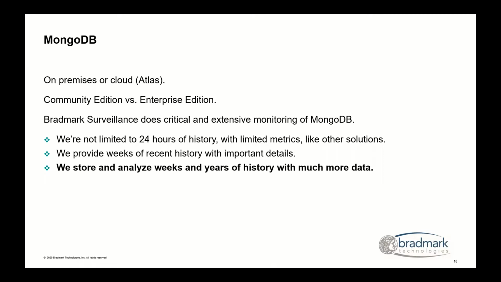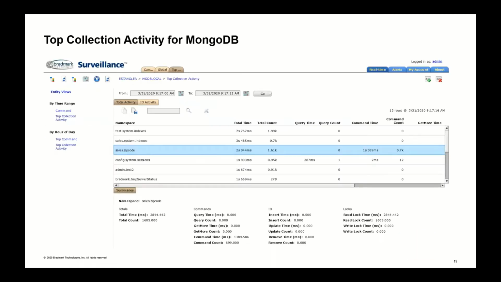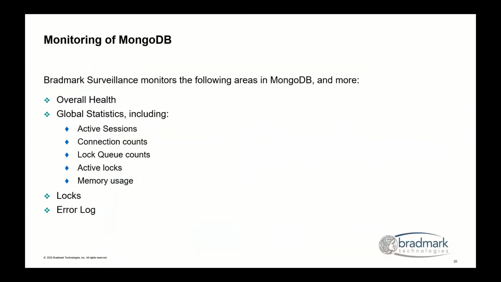We can provide you with weeks of recent history of important details, and then you can have much longer amount of data available in the central repository as well. So it allows you to really have a better view of the database for a longer period of time. And this is the kind of screen that we have in MongoDB where we have hot collections, for example, and we'll see more about that a little later.